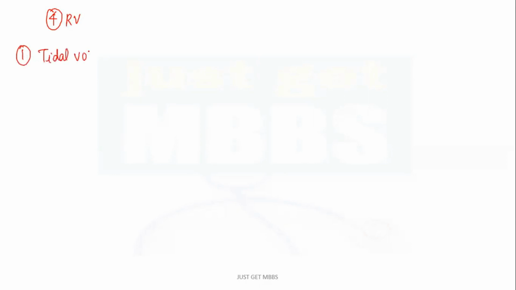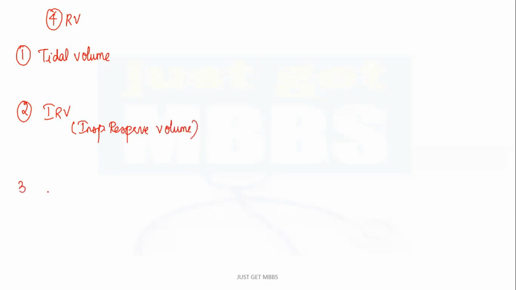So, your questions can be in terms of either definitions or match the following, wherein they ask you some values. So, what are the 4 volumes? The first one is your tidal volume. The second one is IRV, inspiratory reserve volume.